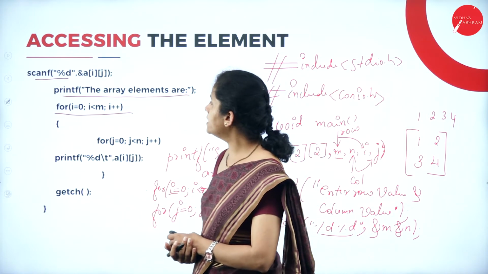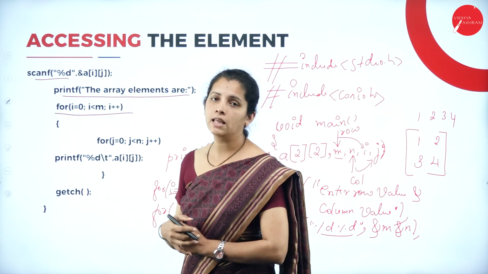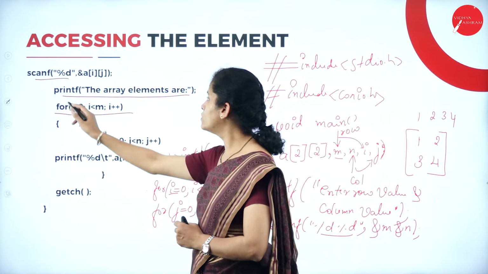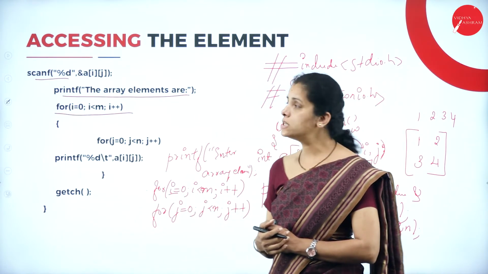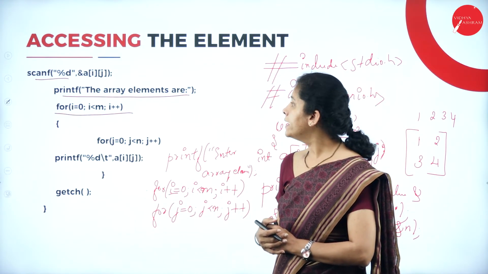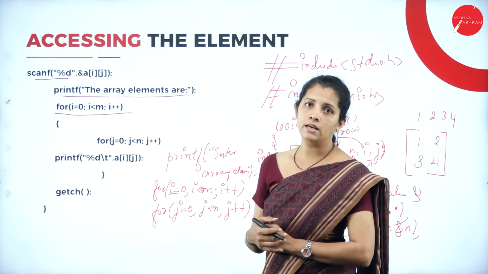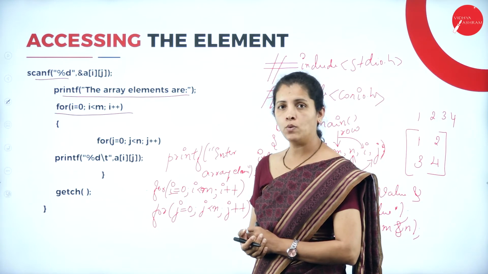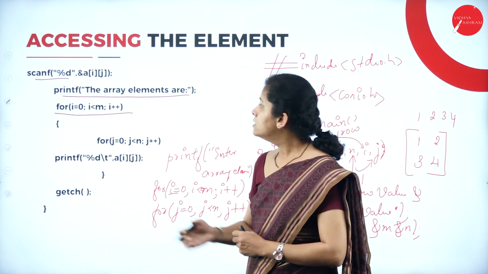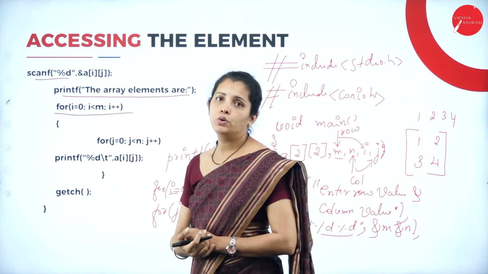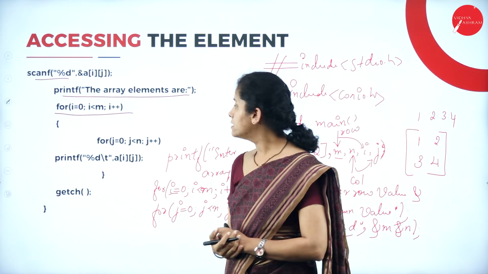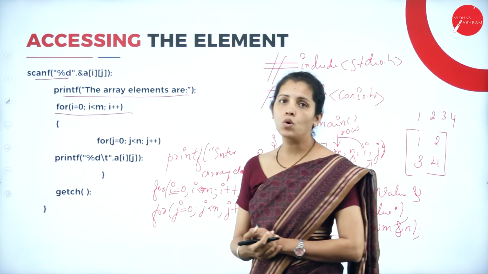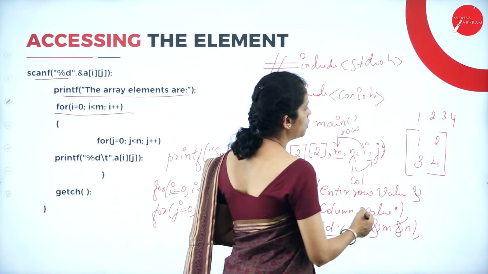Now dear student, I want to display the output. How can I? So I'm going to give a message to the user with printf, enter the array element, and I'm going to display the elements one by one. Now once again, I'm going to use 2 for loops here, 1 for row and 1 for column.